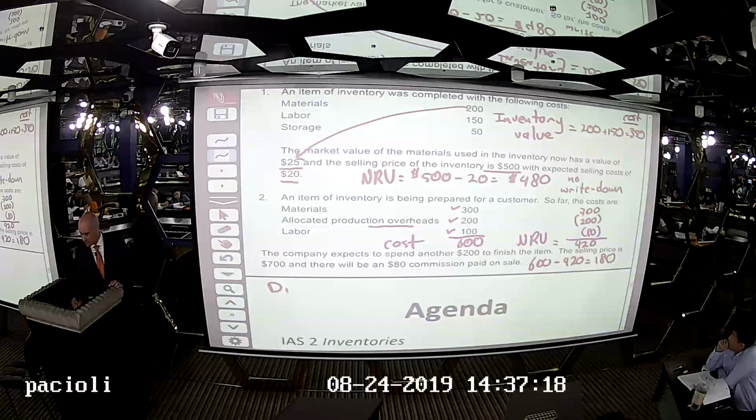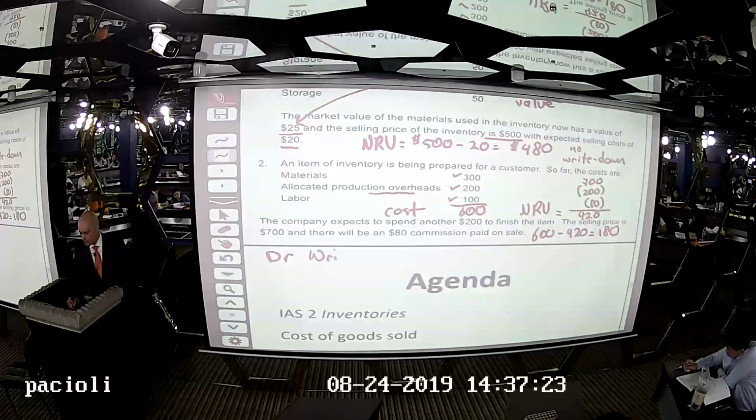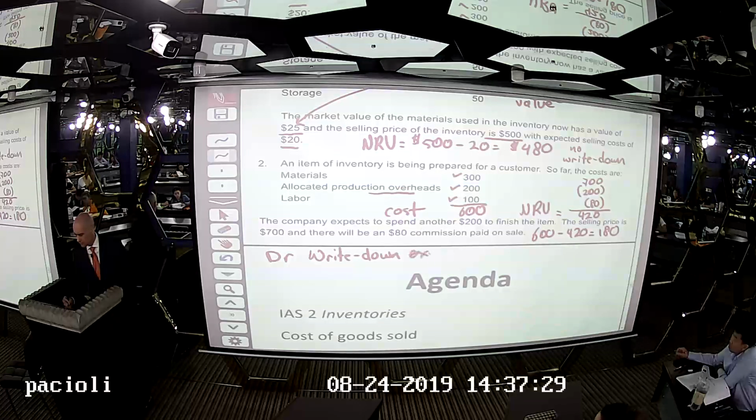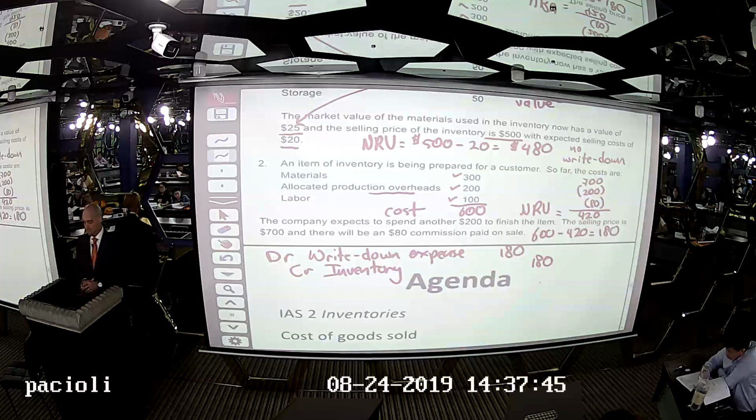Write-down is an expense, so we're going to debit write-down expense. You can also debit cost of goods sold. You can debit some other expense as well. That's fine. So debit write-down expense 180, credit inventory 180. So credit inventory makes inventory go down. Inventory is an asset, credit makes the asset go down. When the value of your inventory goes down, it's a loss.